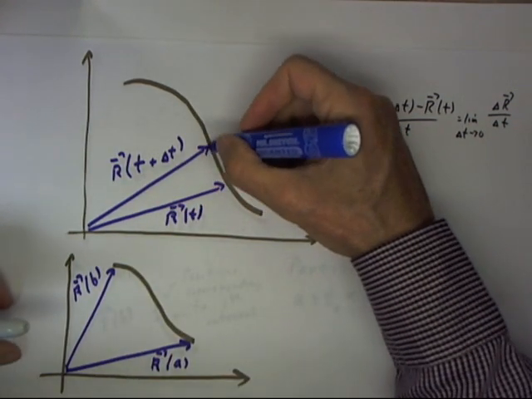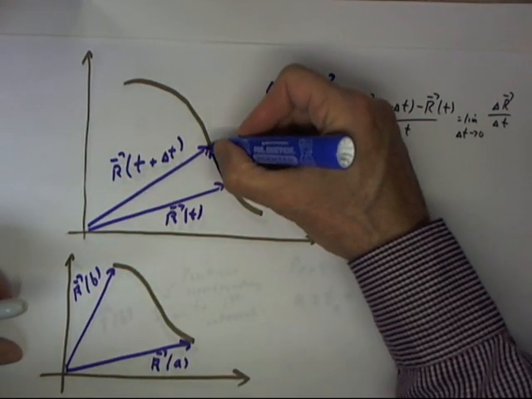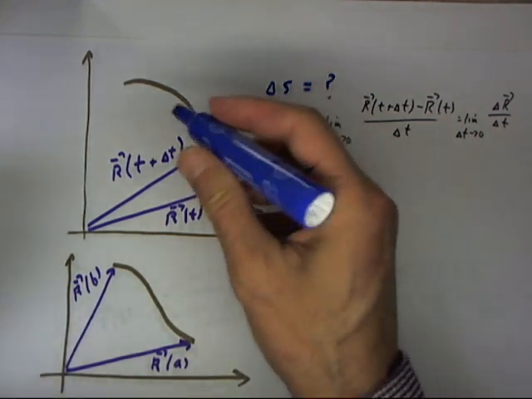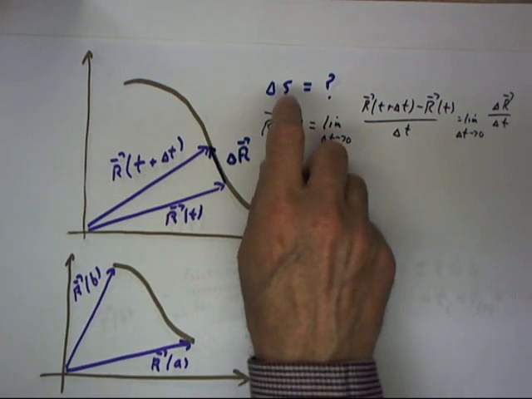So we could say that our delta r is here.